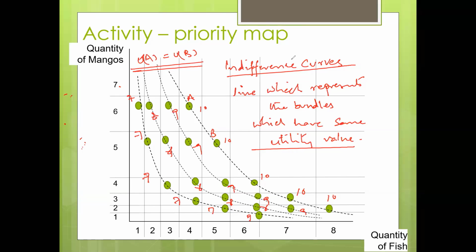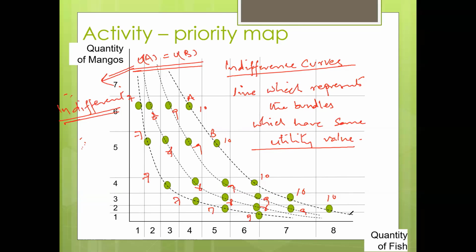So he is indifferent. He is confused, or he cannot find any difference. That's why the word is called indifference. So since he is indifferent, we name it indifference curve.